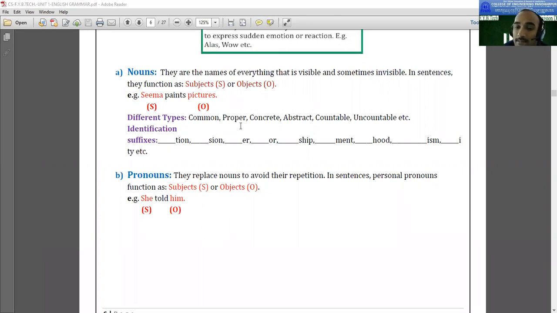Whatever proper nouns we use are for identifying a specific person, place or thing.